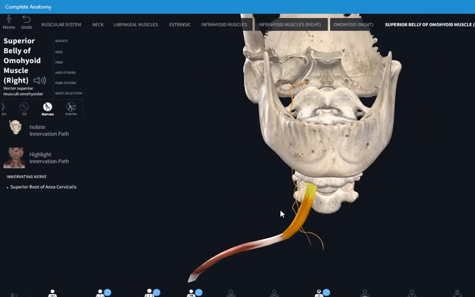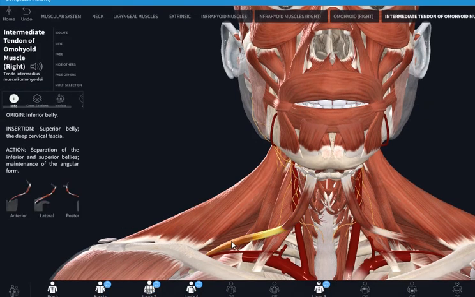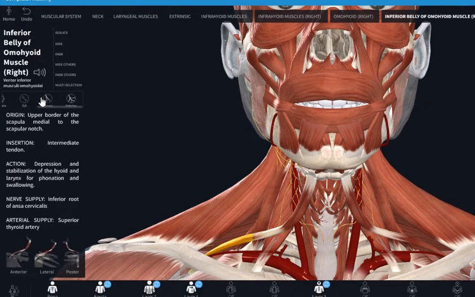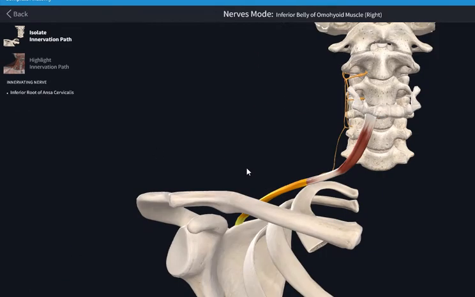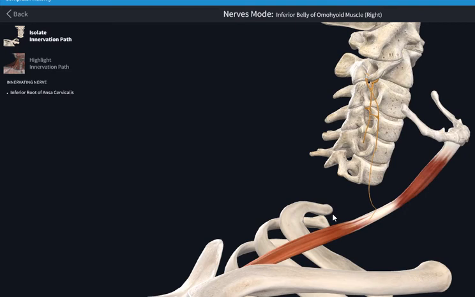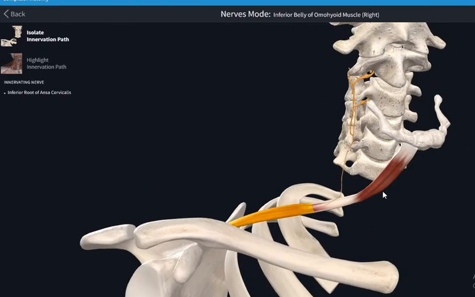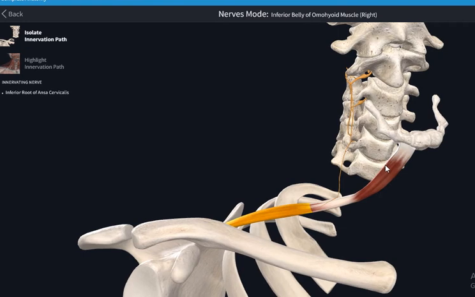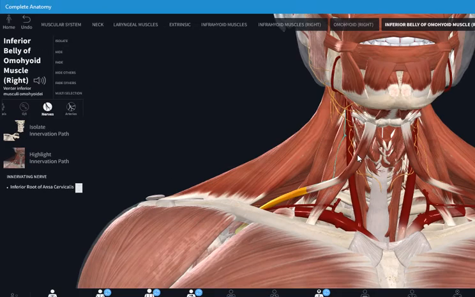Now going down to the inferior belly of the omohyoid, the nerve involved with the stimulation is instead the inferior root of the ansa cervicalis and not the superior one. So for the superior belly, we have the superior root of ansa cervicalis, and for the inferior belly, we have the inferior root of ansa cervicalis.